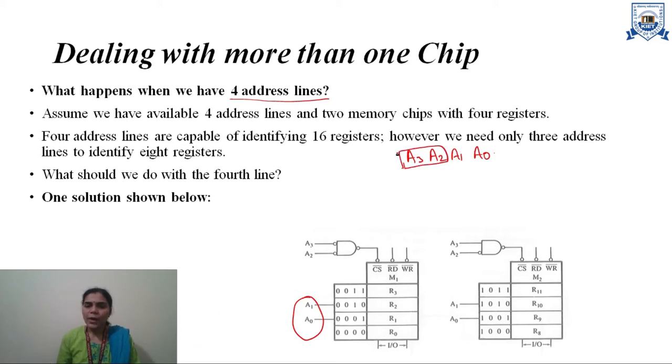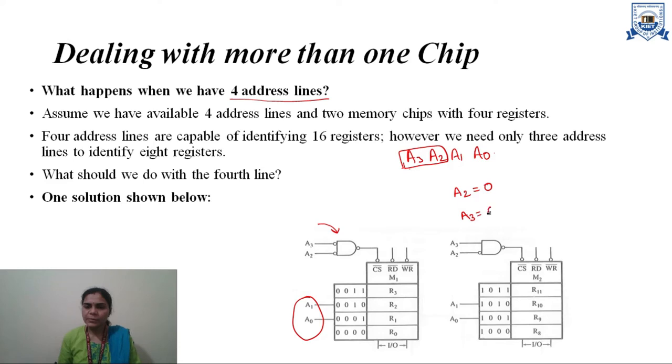So 2 address lines, A2 and A3, will be used for chip selection. Now we will have 4 combinations for A2, A3. So one of the combinations can be used, in this case, where A2 will be 0.